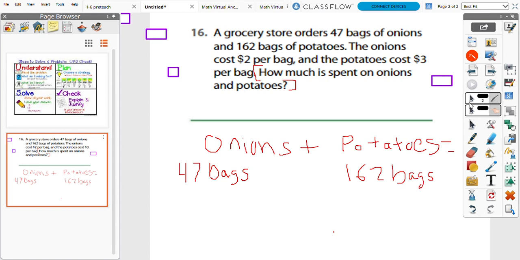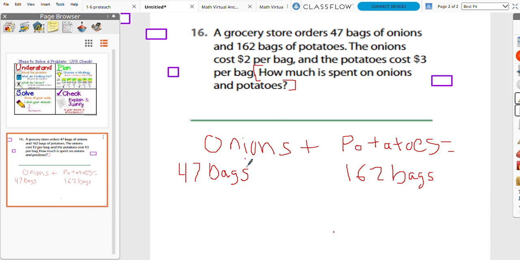To make that a quicker step, let's look at just setting it up as a multiplication problem. So we know 47, the onions cost $2 per bag. So that's going to be times $2 per bag. And then this one would be times $3 per bag.